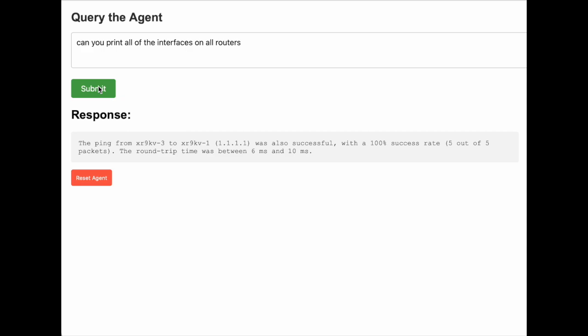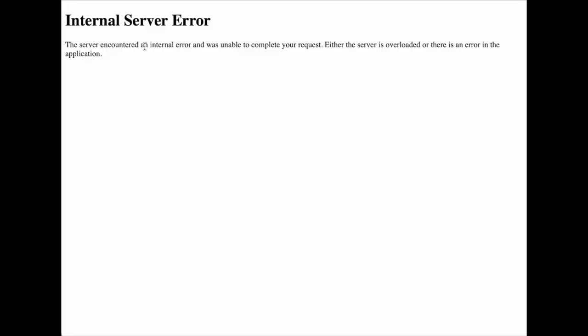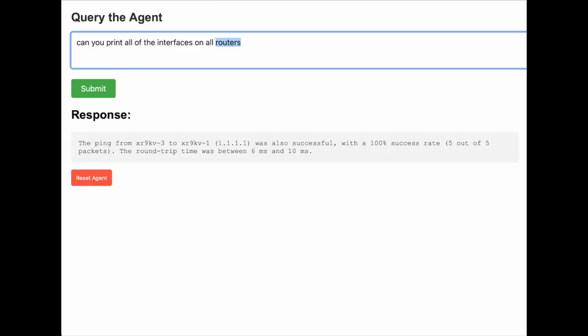This is obviously taking longer because it needs to perform all the commands. Well, this question is actually quite vague. Let's see what the AI agent comes up with. Okay, so this didn't work.